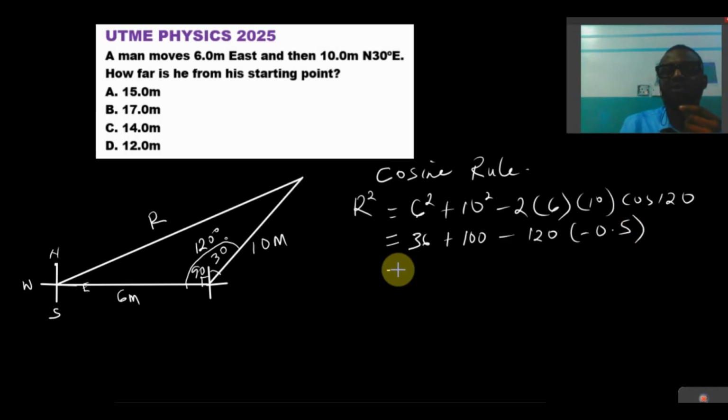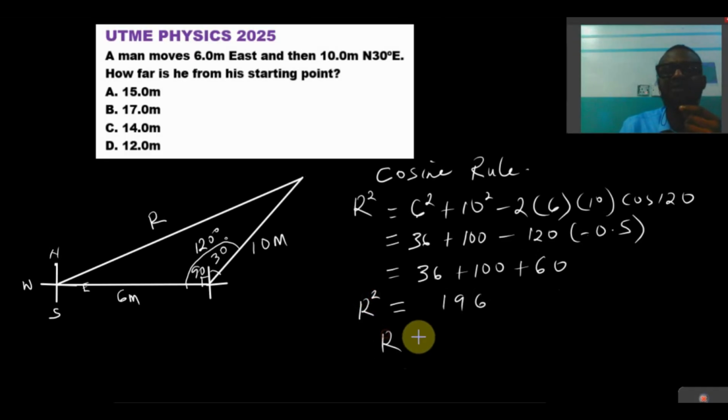Now we have 36 plus 100, minus into minus is plus, 120 times 0.5 will give us 60. When you sum up everything, you are going to get 196. Now this is R squared equals 196.